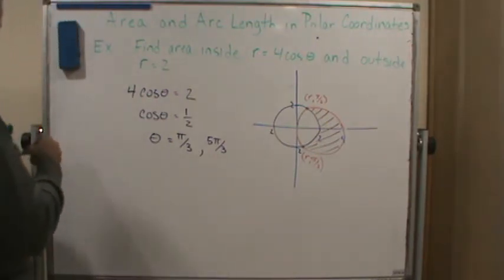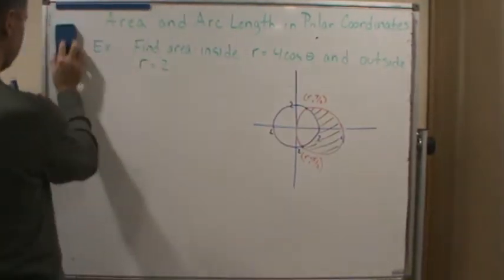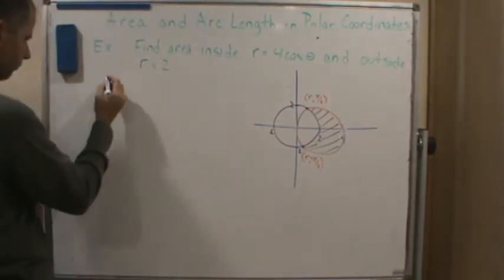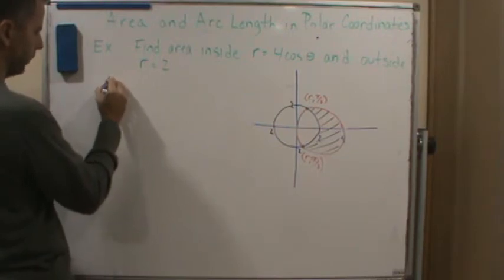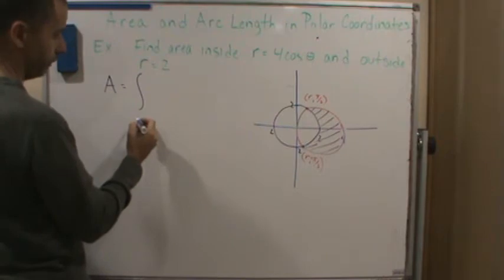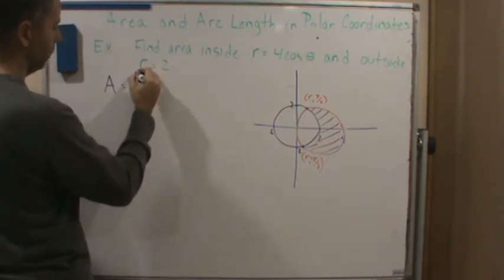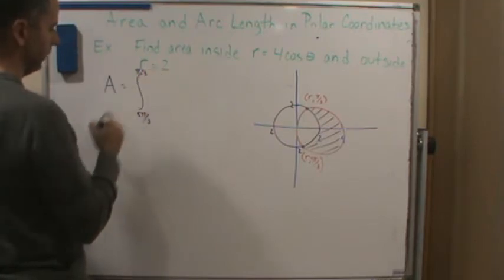So let's do that. We can say A equals the integral from 5 pi over 3 to pi over 3.